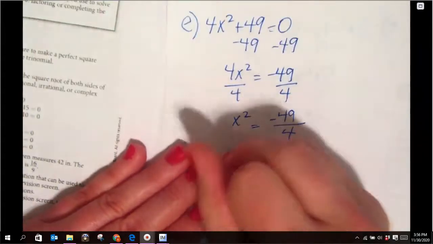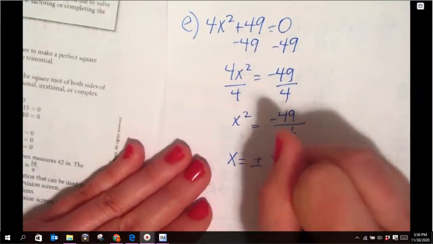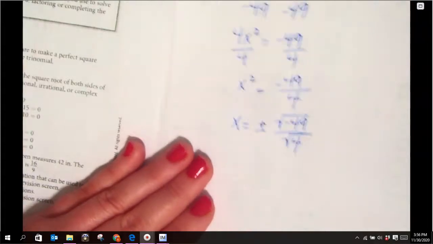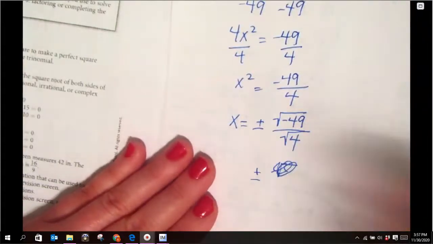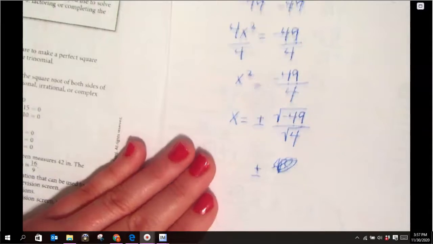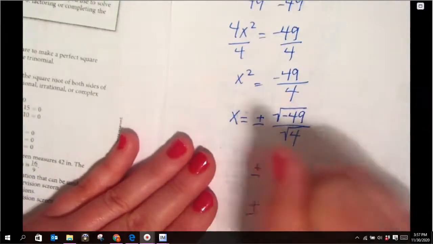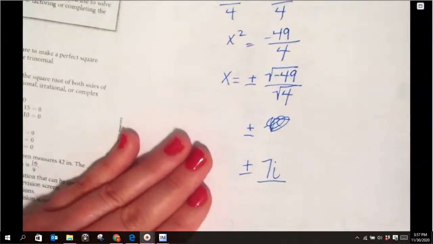Okay, so I'm going to take the square root. That gives me plus or minus the square root of negative 49 over the square root of 4. Oops, I'm sorry, that's a perfect square. The square root of negative 49 is going to be plus or minus 7i. And then on the bottom, that's going to be 2.